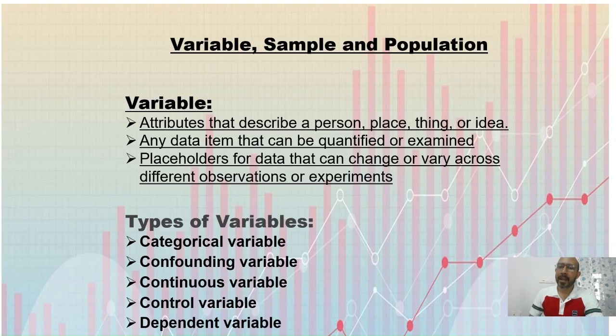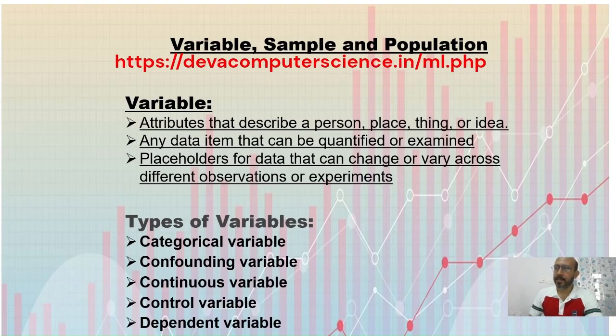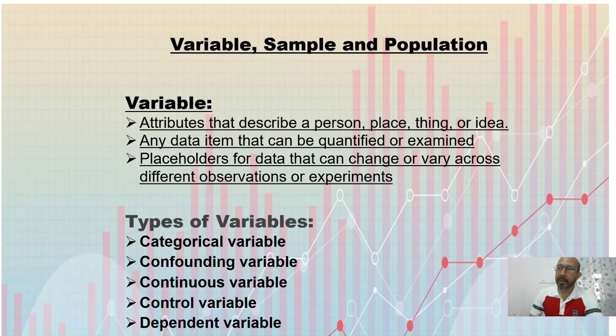Variable, sample and population. In statistics, a variable is a characteristic of interest that you measure, record and analyze. Variables are attributes that describe a person, place, thing or idea.